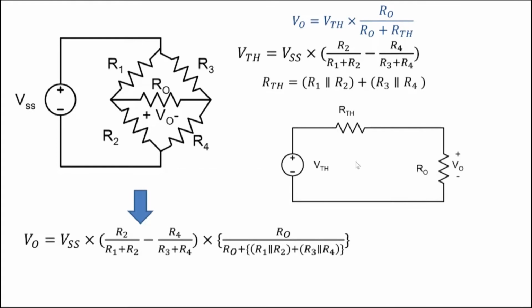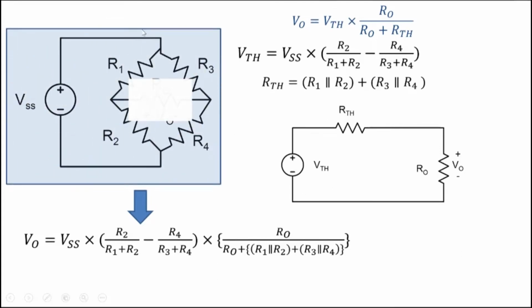So this is interesting. What we are saying is that if you focus your attention on R0, and you remove R0 for a moment, the rest of the circuit, R1, R2, R3, R4, VSS, can be approximated by, not approximated by, but can be transformed into a voltage source VTH and RTH.